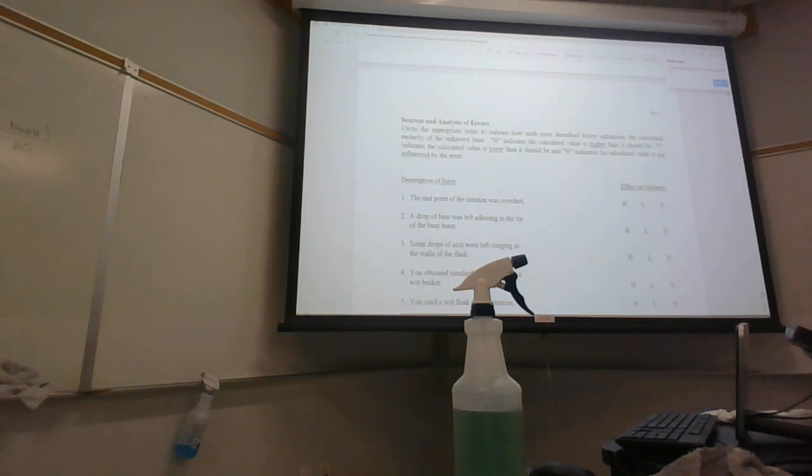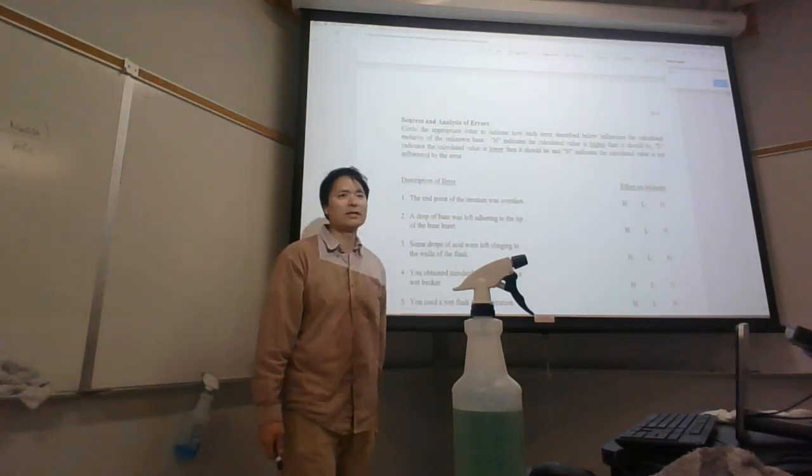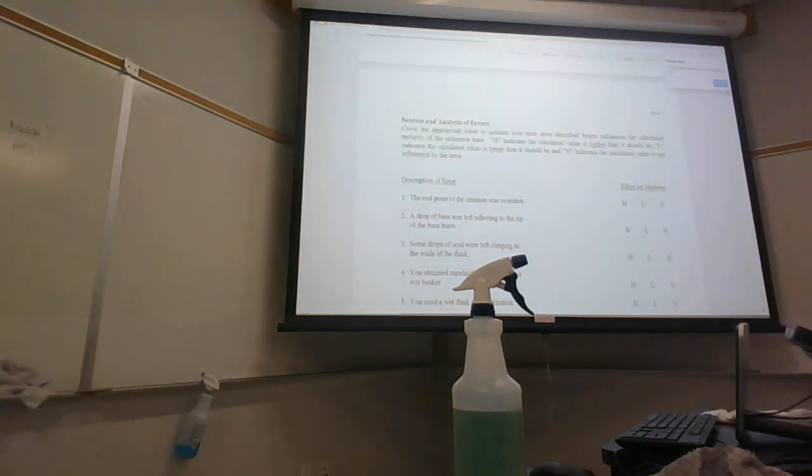But if you have a hanging drop like this, the hanging drop has already been measured out. So this is the same as number one. This is overshooting it, because we're adding too much base. We didn't have to add this extra partial drop. So if there's a hanging drop there, I just let it go in and then go back with acid.